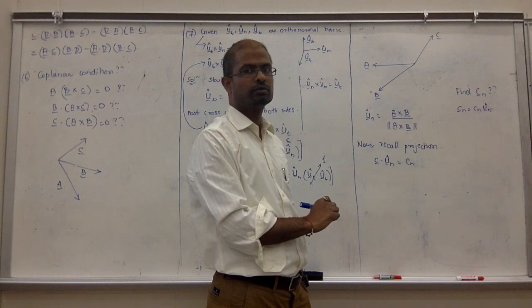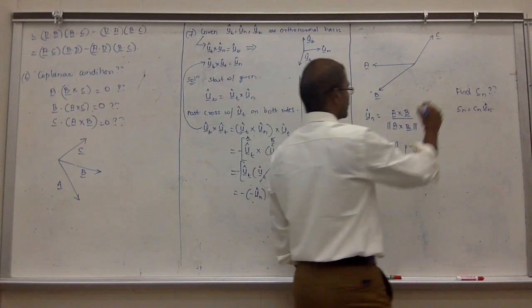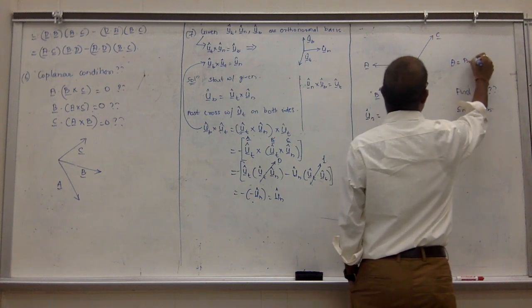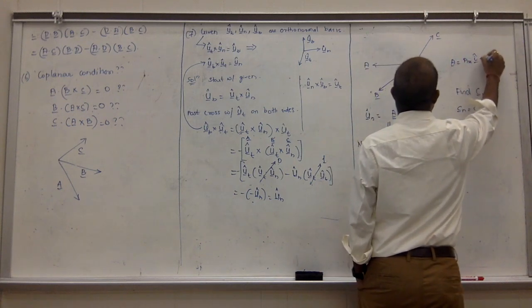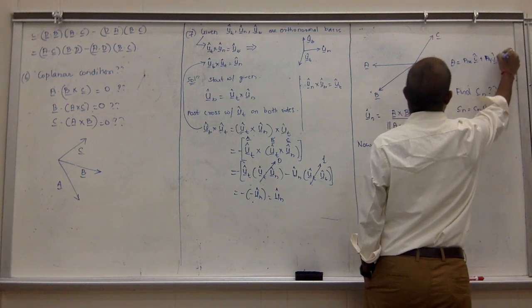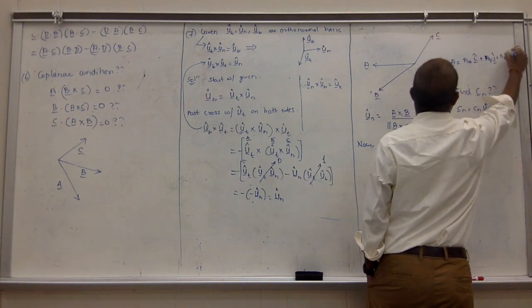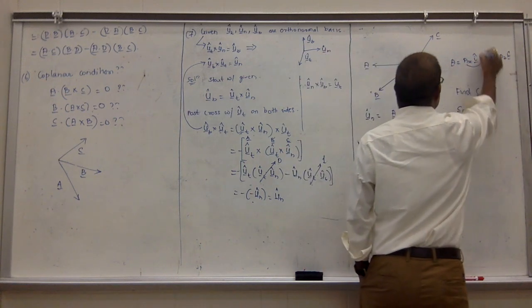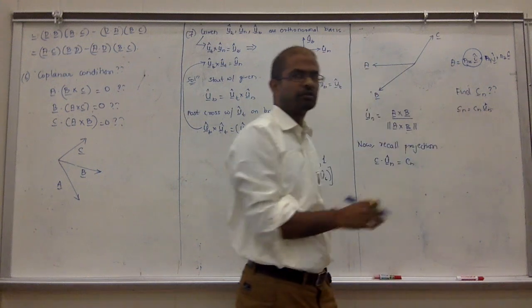It is like this. You write A is equal to Ax i plus Ay j plus Az k, right? You remember this notation. So what does this mean? This itself is a vector in the i direction.